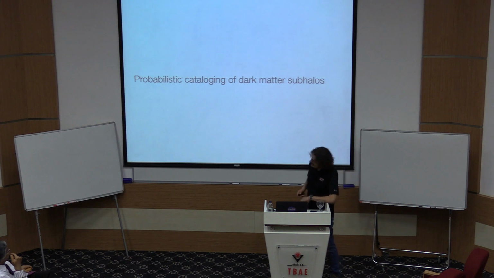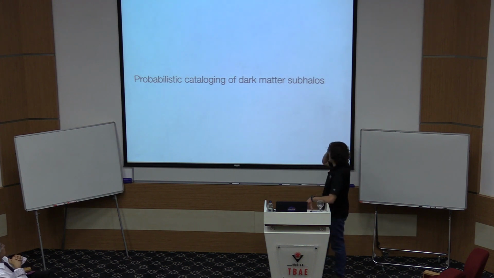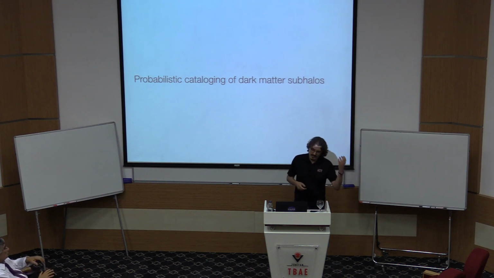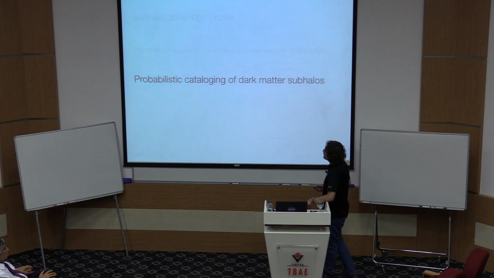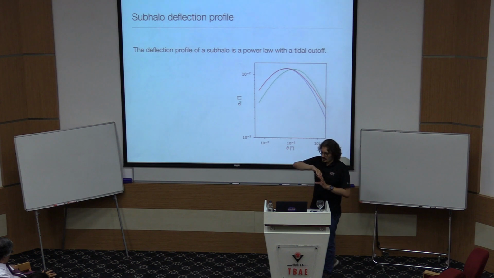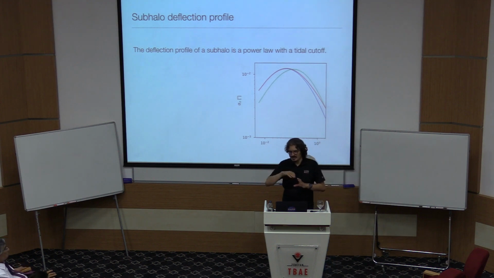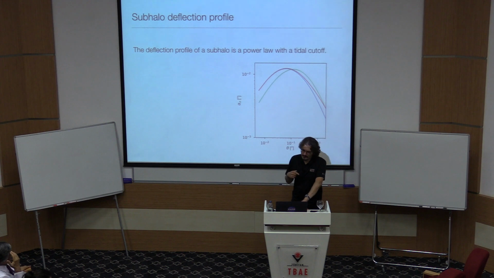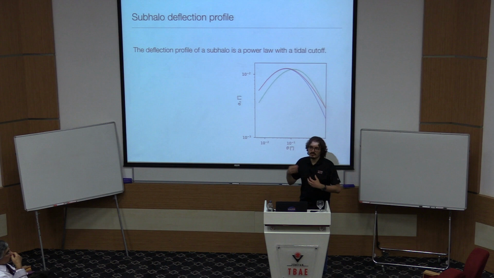Now, coming to the very end section of this lecture, probabilistic cataloging of dark matter halos. You need to remember some material from lecture 3, the previous lecture. One note: these subhalos or substructure that I have talked about, when you think about their mass profile, are essentially a broken power law, but they have a tidal cutoff radius as well. The reason, as I talked about in the first lecture, is that structure formation is a continuous process.